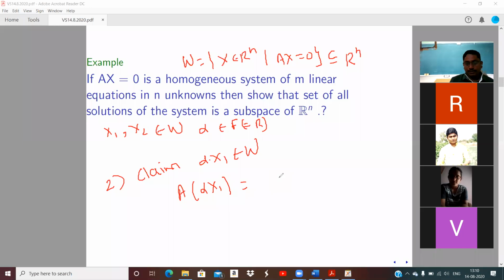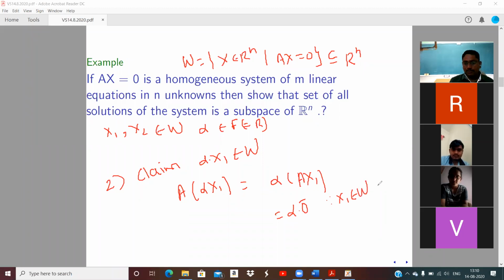Here you get A times alpha x1. By the scalar multiplication property in matrix multiplication, you can move the scalar alpha anywhere, and you know it is 0 since x1 belongs to W, which means Ax1 is the zero vector. So it becomes 0. Thus alpha x1 is also a solution to Ax equal to 0 for every scalar alpha and x1 in W.